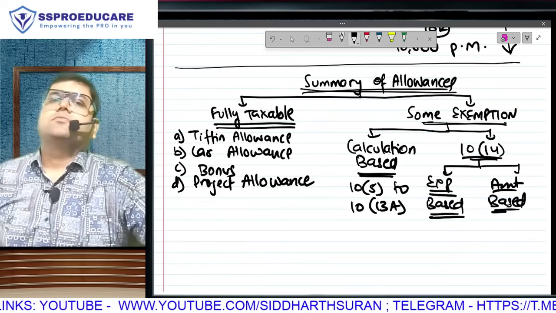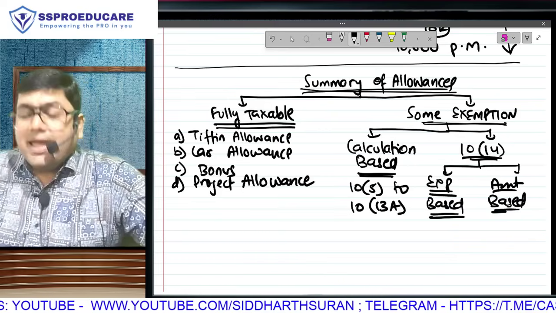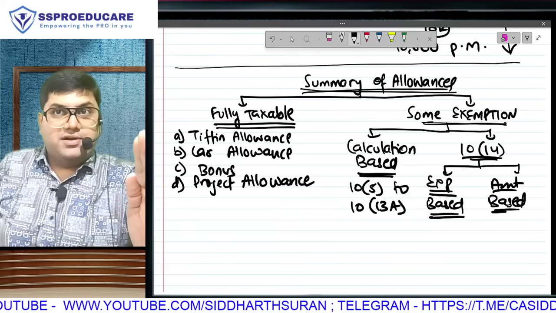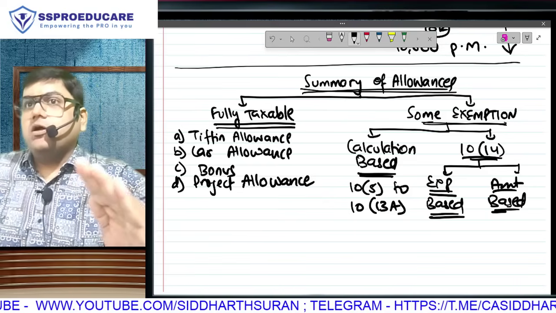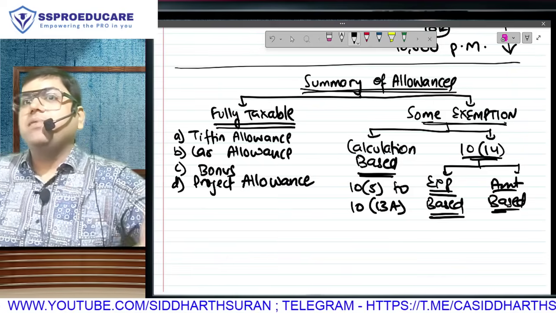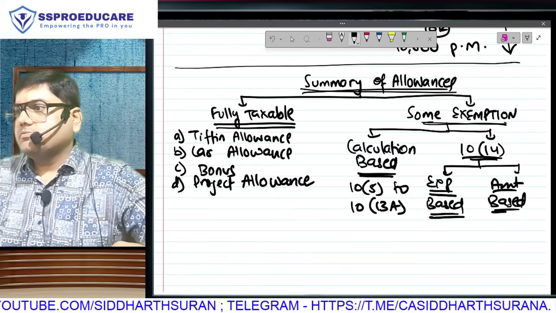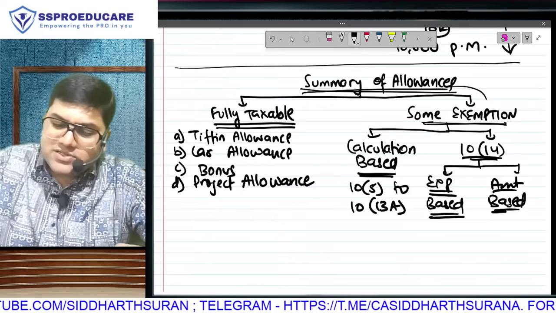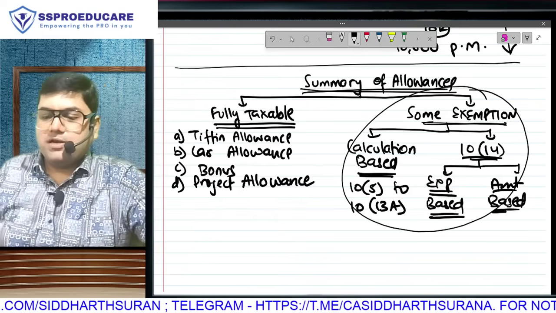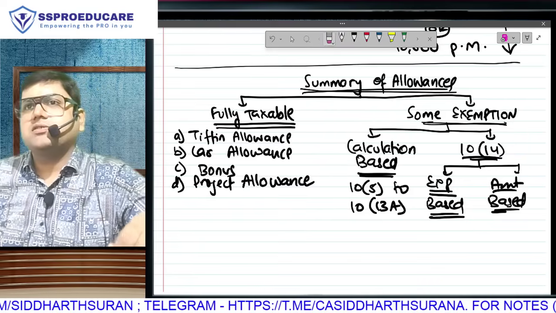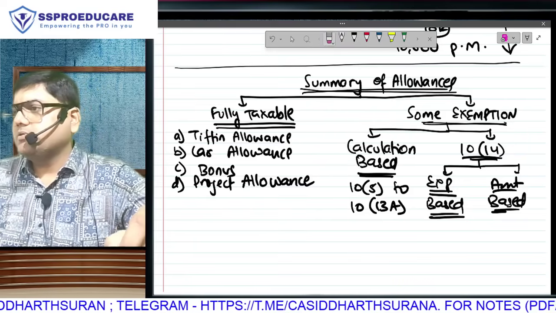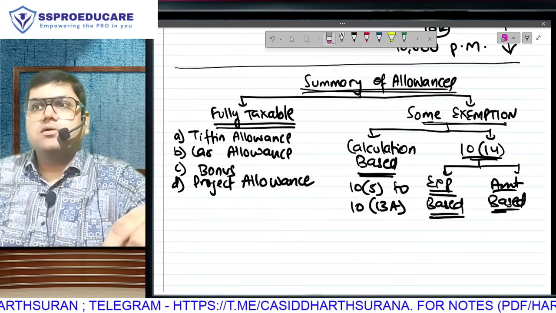Correct? But anything that we have not studied from 10(5) to 10(14) means that allowance is fully taxable. Because we have studied only this much in exemptions. That means everything else, ladies and gentlemen, is fully taxable. Do you understand this?